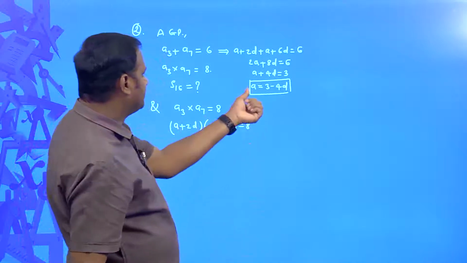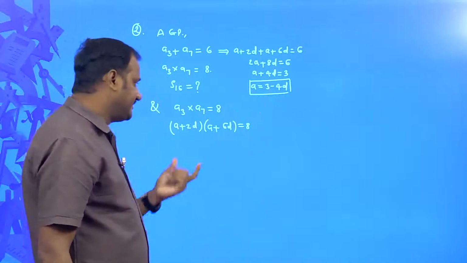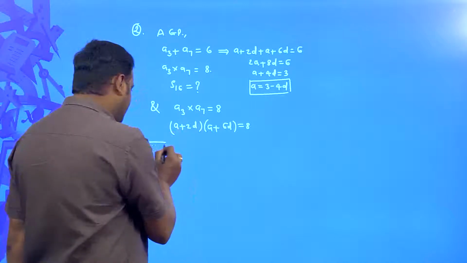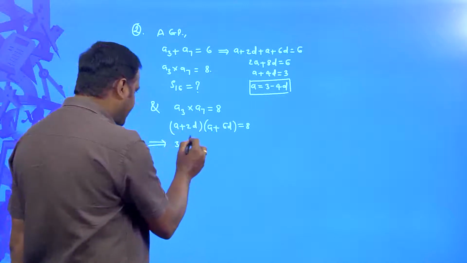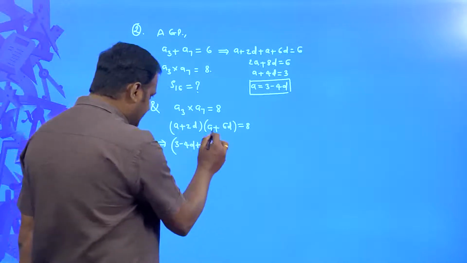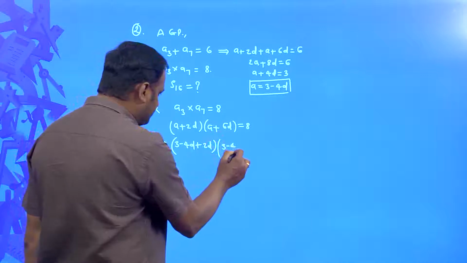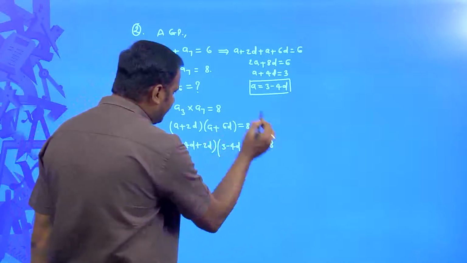But we know the value of a is equal to 3 minus 4d, right. Let us substitute a equal to 3 minus 4d here. Then it would be 3 minus 4d plus 2d, times 3 minus 4d plus 6d, is equal to 8.